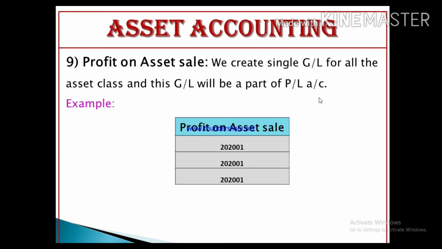We will create only a single GL for all the asset classes. This GL will be a part of the profit and loss account under revenues, profit on asset sale. So it is a part of the revenues of the profit and loss account.